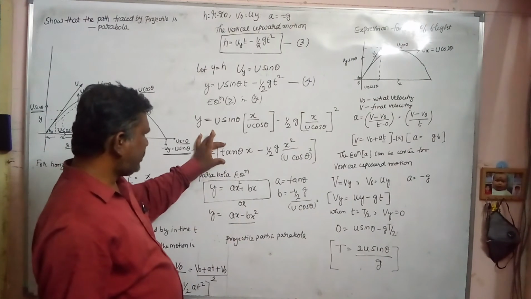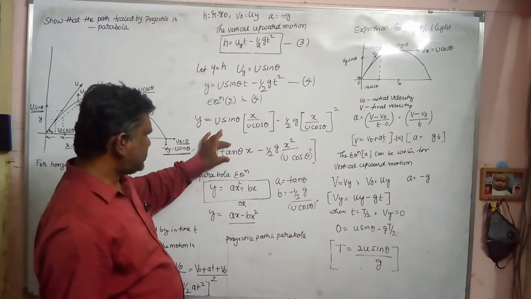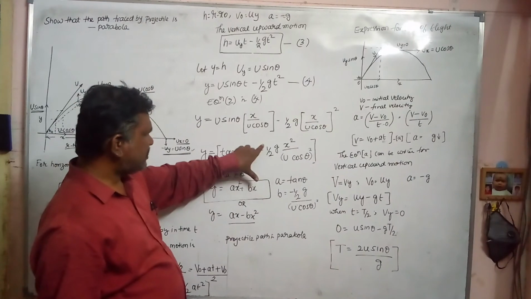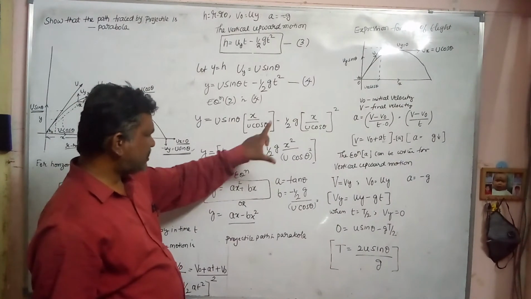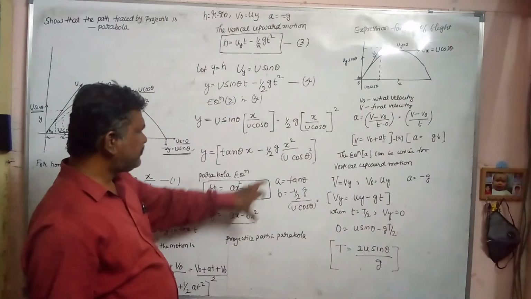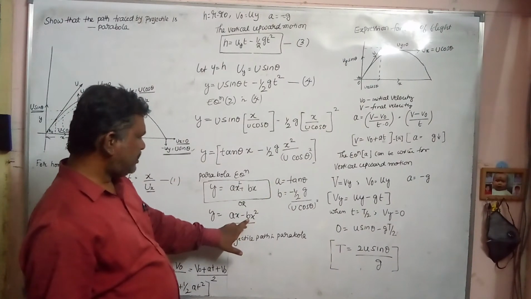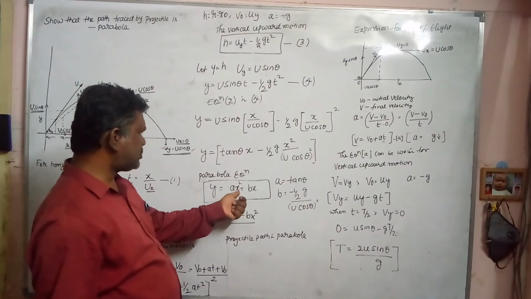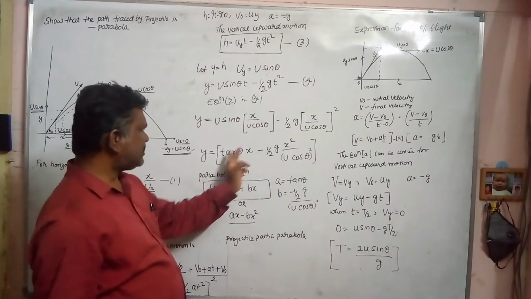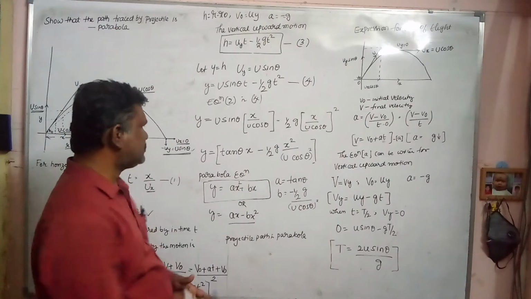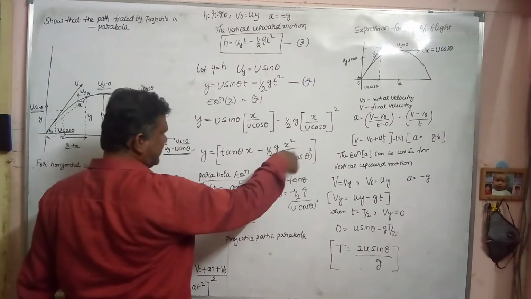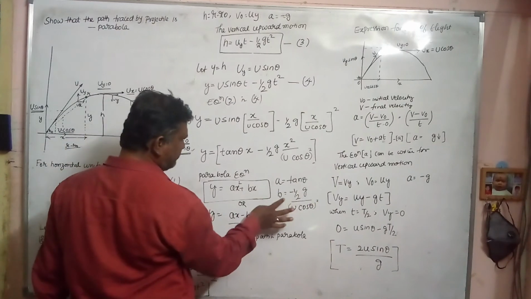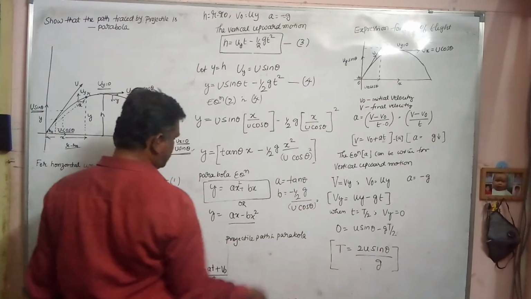If you say tan theta is equal to a, and x is x, minus, and this complete function 1 by 2 g divided by u cos square theta becomes b, so ax minus bx square. Or if you take it as ax square plus bx, anyway the sign is changed, that's all. So a is equal to tan theta, b is equal to minus 1 by 2 g by u cos theta square.